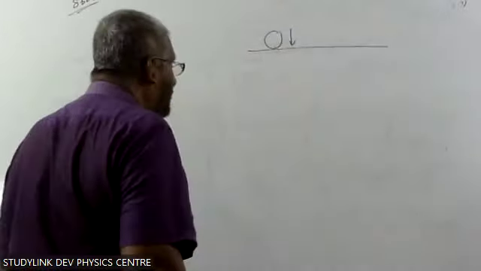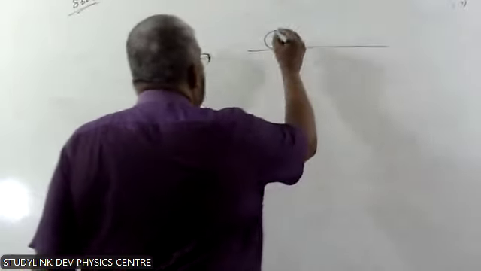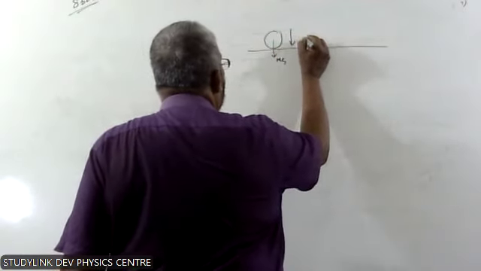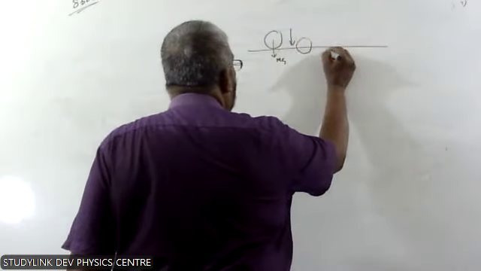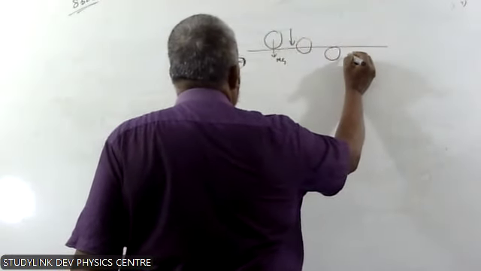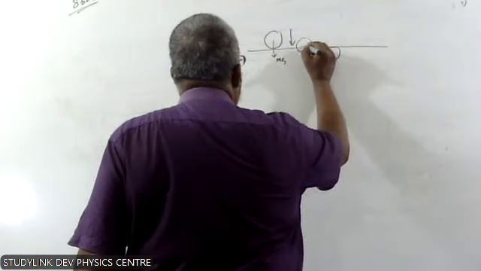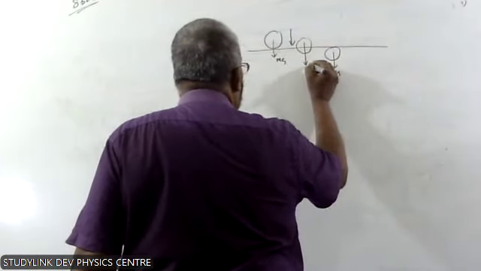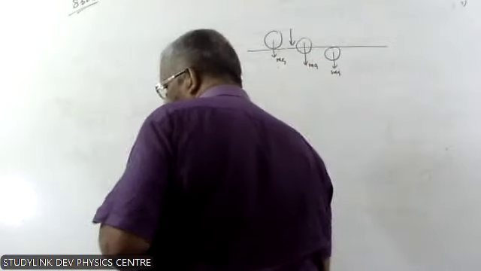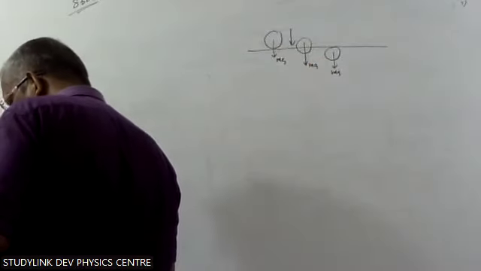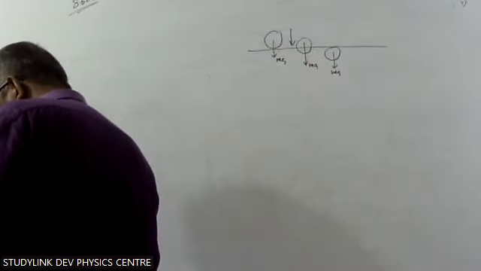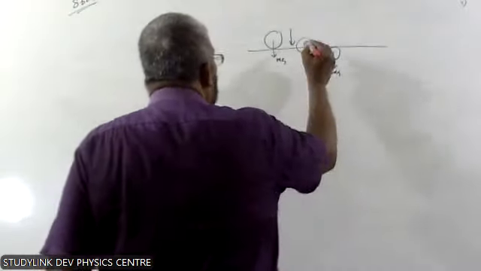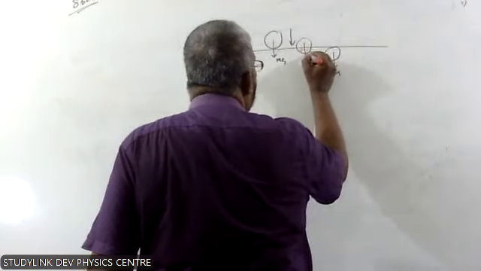First, it is just kept. Then, due to its weight, it should go in. So it may go like that, and finally it may be like that. Or another situation, but when it goes down into the liquid, an additional force is also there. What is the additional force there? That is upthrust. So upthrust acts on this part here. Upthrust.